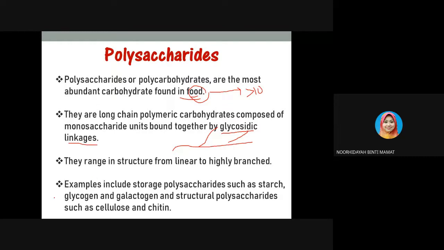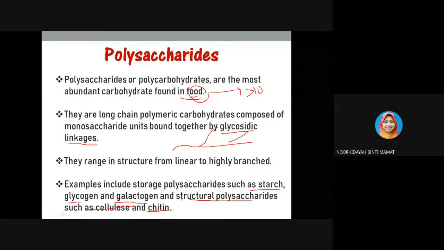The examples of polysaccharides include the storage polysaccharides such as starch, glycogen, and galactogen, and also structural polysaccharides such as cellulose and chitin. Cellulose and chitin provide structure to the living organism.